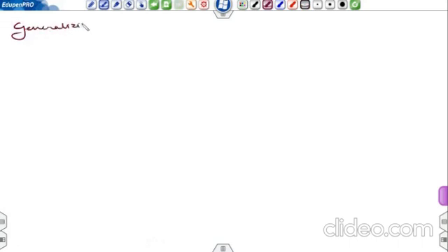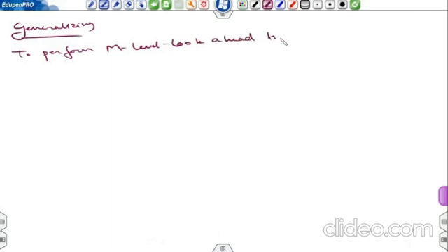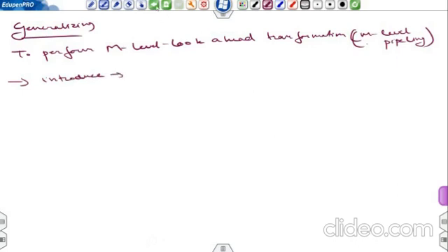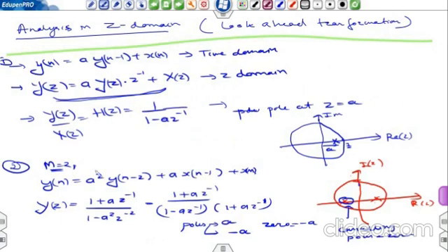So to perform m level of look ahead transformation, in other words m level of pipelining in a given IIR filter, we have to introduce, as you can see, for m equal to 2, one cancelling pole and zero was introduced, and that was done by multiplying numerator and denominator by the same factor accordingly.